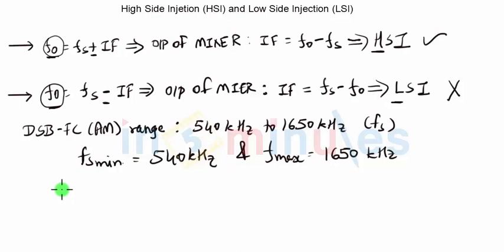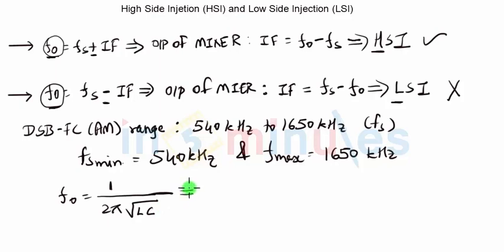Further, let us see what is the expression of Fo in case of the local oscillator. The local oscillator is an LC oscillator. So Fo in this case is given as 1 upon 2 pi under root LC. And we have already said that we are not going to vary the inductor because it's difficult to do that. We will vary the capacitor of the LC oscillator, which can be done using devices like a varactor diode.